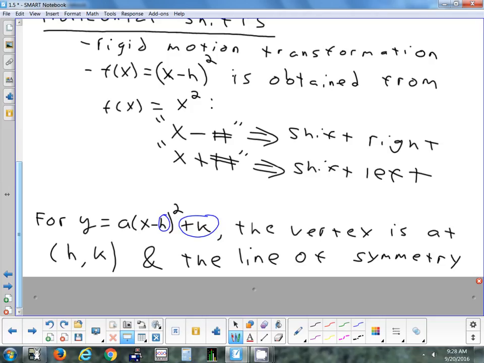So if they give you a problem like this, y equals x plus 3 squared minus 2, you have to be very careful with H. H is the number after the minus sign. Is there a minus sign here? No. So what I would do is write it like this. Instead of thinking of it as plus 3, think of it as minus 3, which is plus 3.